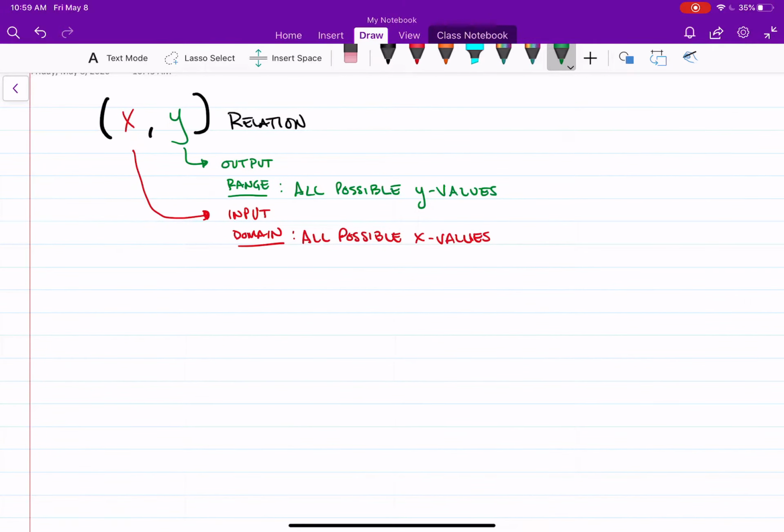So in this section, you're going to be asked to find domain and range. So what type of problems are you going to see?